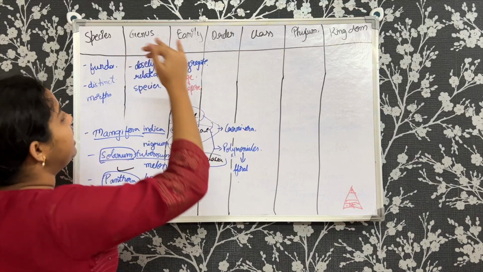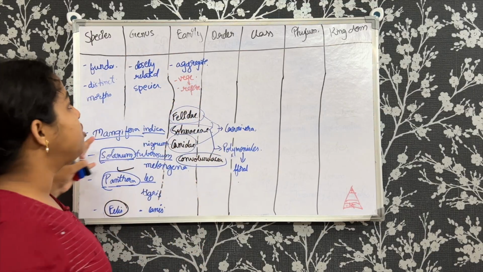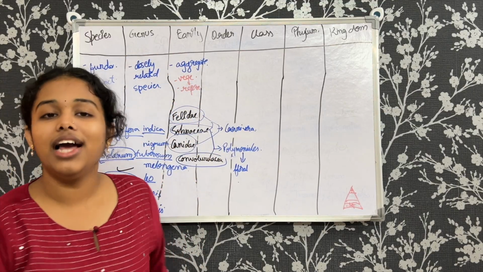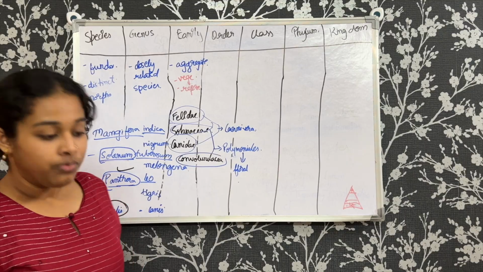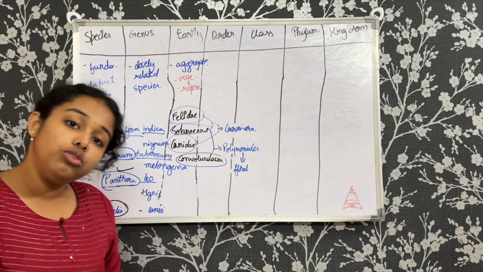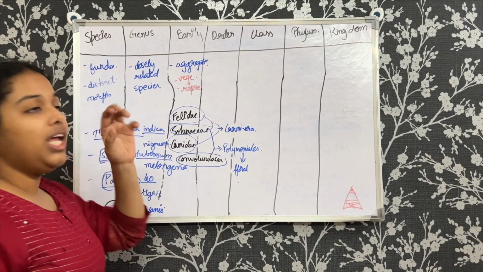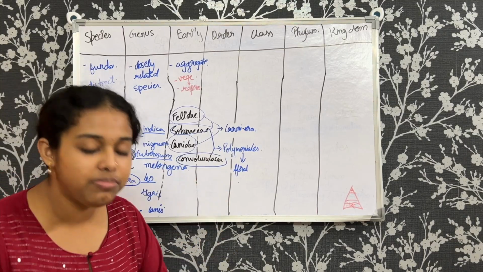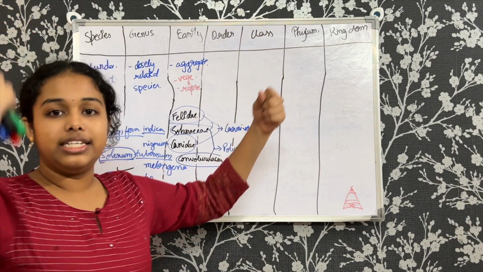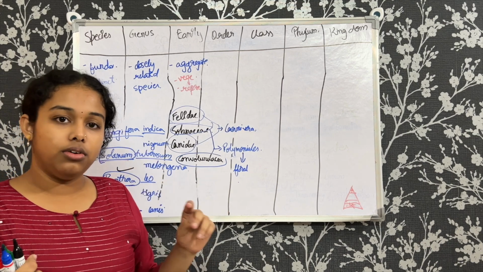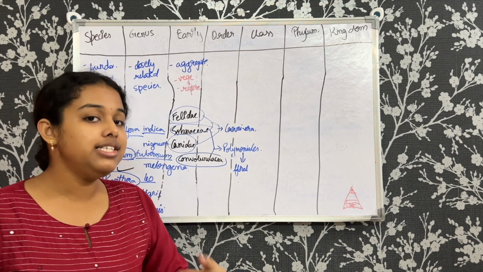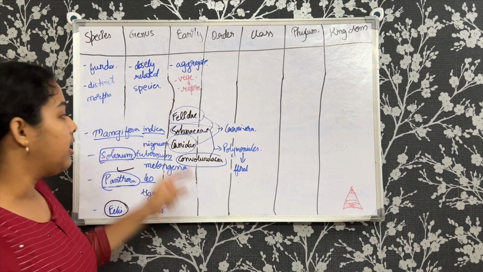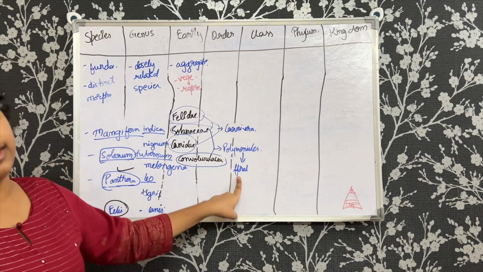When we say aggregates of family, aggregates of order, it's not like all the families are aggregated into the same order, right? Only some are aggregated. So based on what are they aggregated? To make us understand that aggregation doesn't necessarily mean that we just club them together to go up to the next step. It also means that there is some basis based on which we club them together. And in this case, it is floral characters.